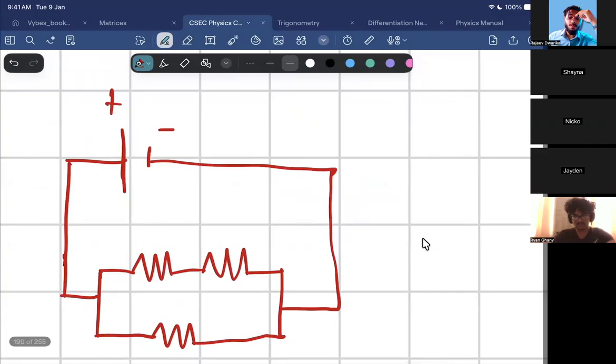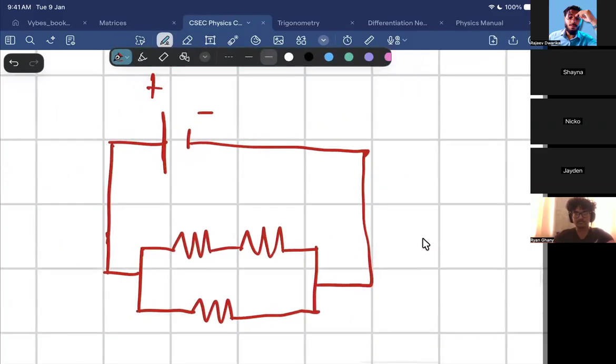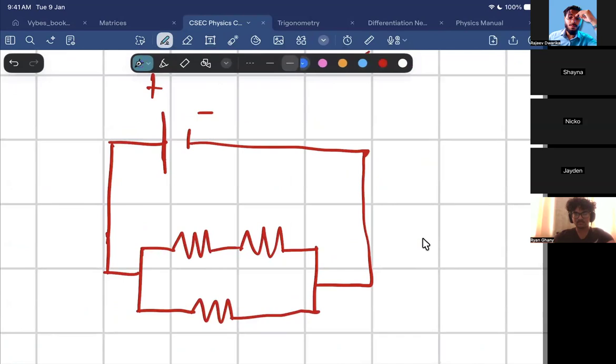A parallel. Just a parallel? A series, but mostly parallel. Mostly parallel. Let's examine this. The current is going to leave the positive. What's going to happen to the current at that junction or node? It's going to split.